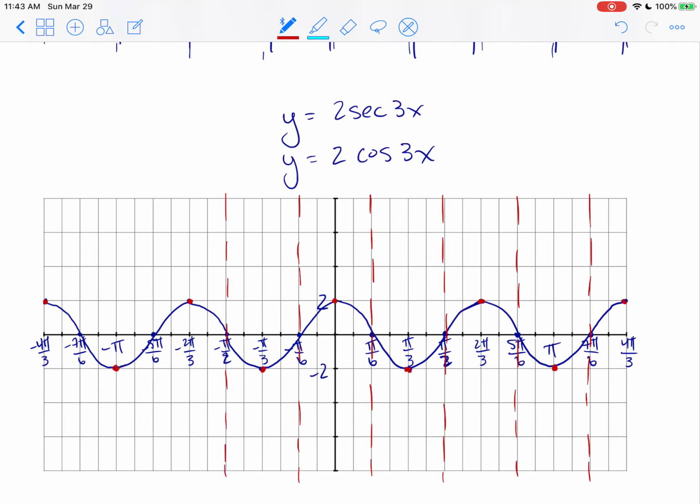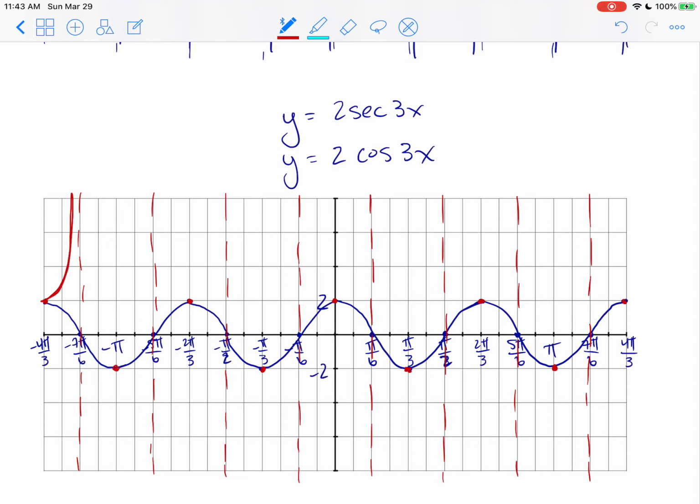Maybe everyone can treat this opportunity as sort of like a coloring exercise. They have those coloring books for adults now that help reduce stress. Let's think of graphing sine and cosine, secant and cosecant as a stress reducer, okay?